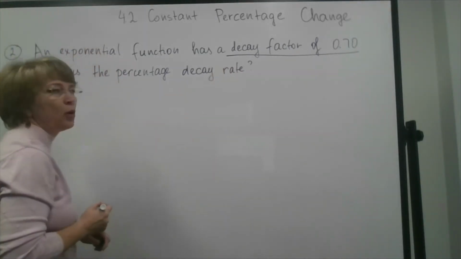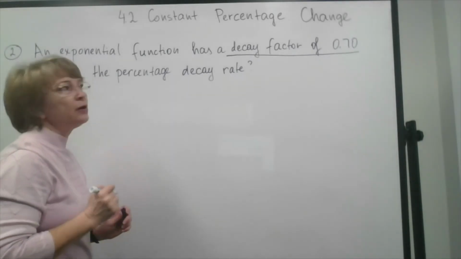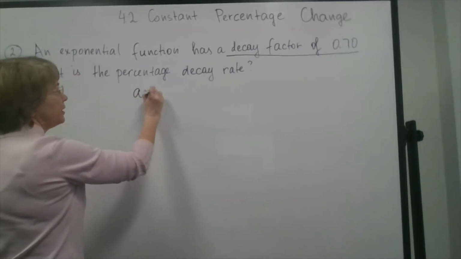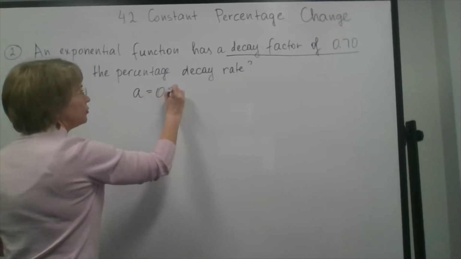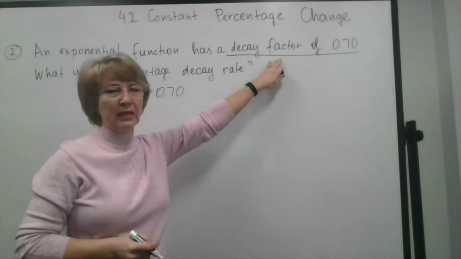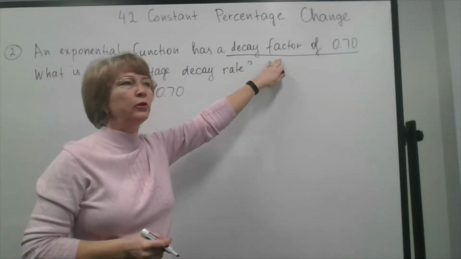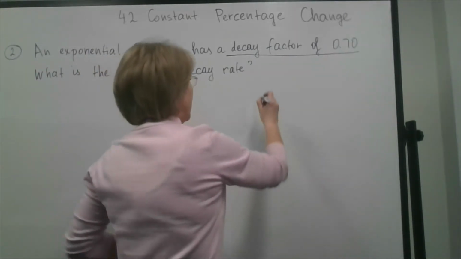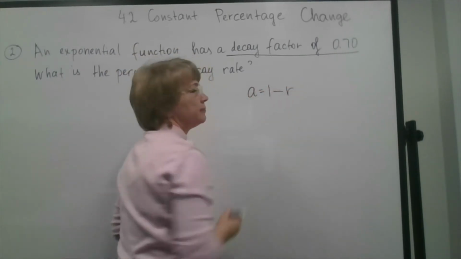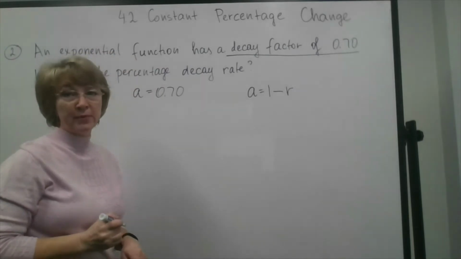Decay factor. What letter do we use for factor? It is a. It means a equals 0.7. Decay means we will use the formula a equals 1 minus r. This you have to memorize.